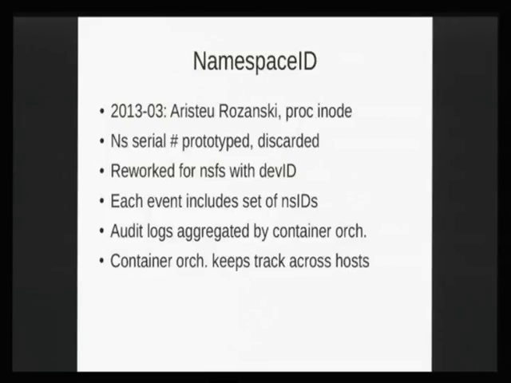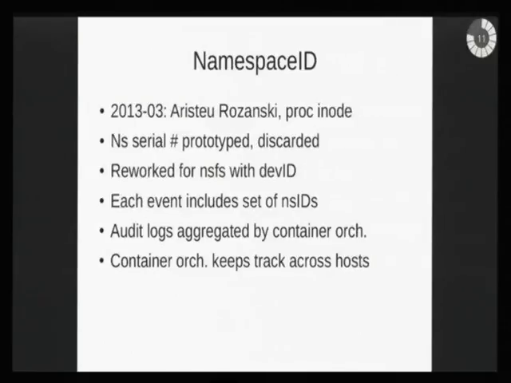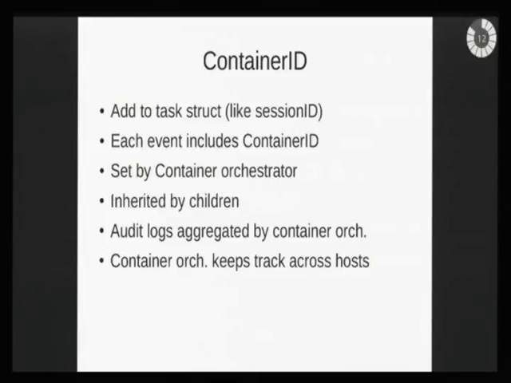One of the things, let's skip ahead just a minute. Okay, so that's pretty much it. The namespace ID, we haven't completely ruled it out, but I think we're definitely trending towards, and I want to say my mind is almost convinced, that we're going to have to start going over to a container ID. Container ID is basically going to be a token, a number, or something that the kernel is going to have absolutely no clue what this is.